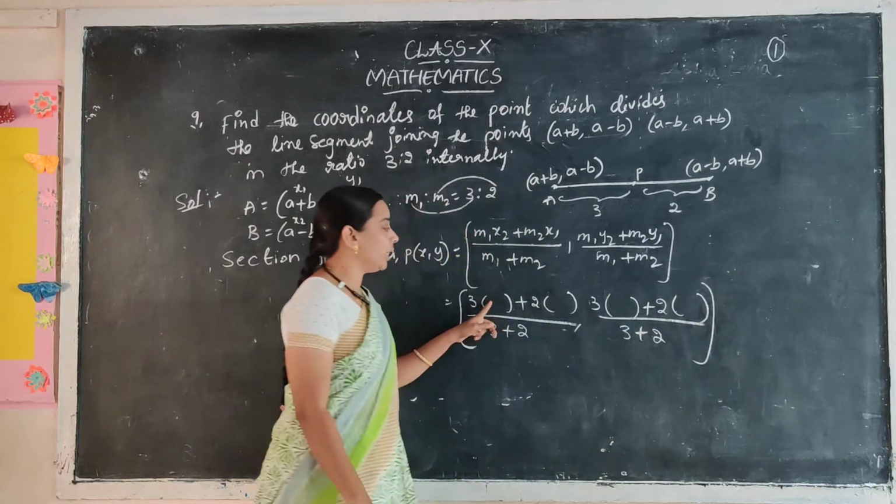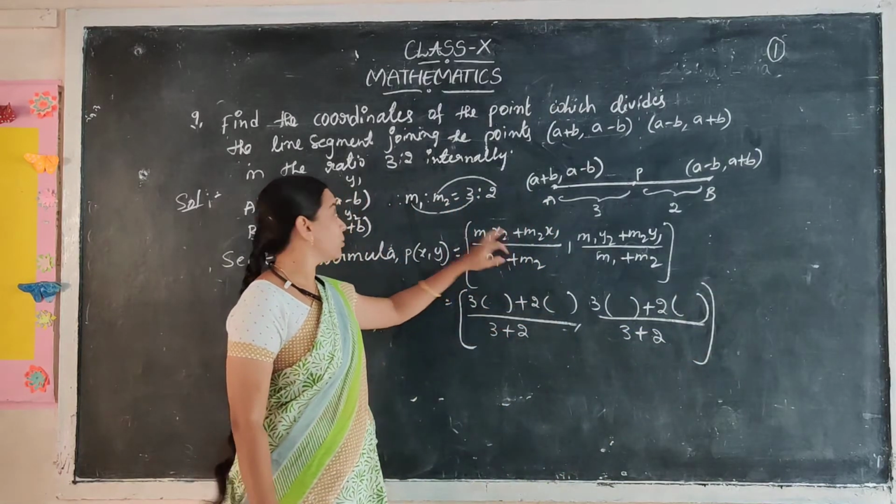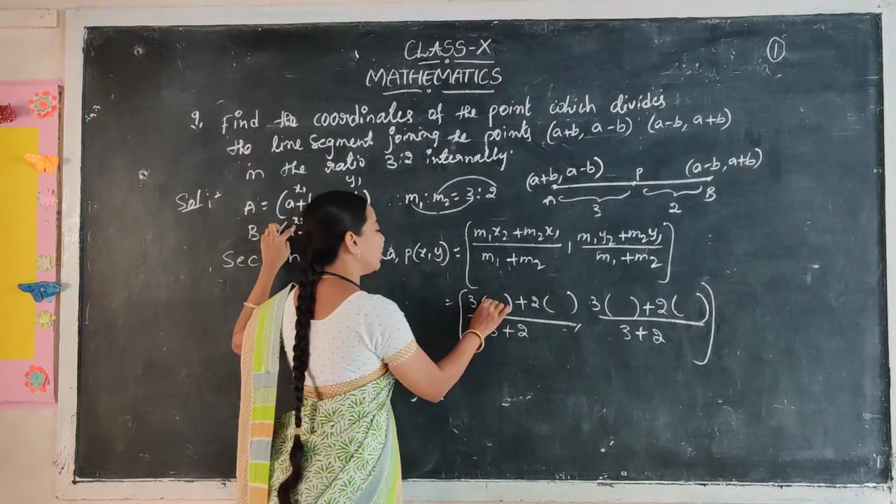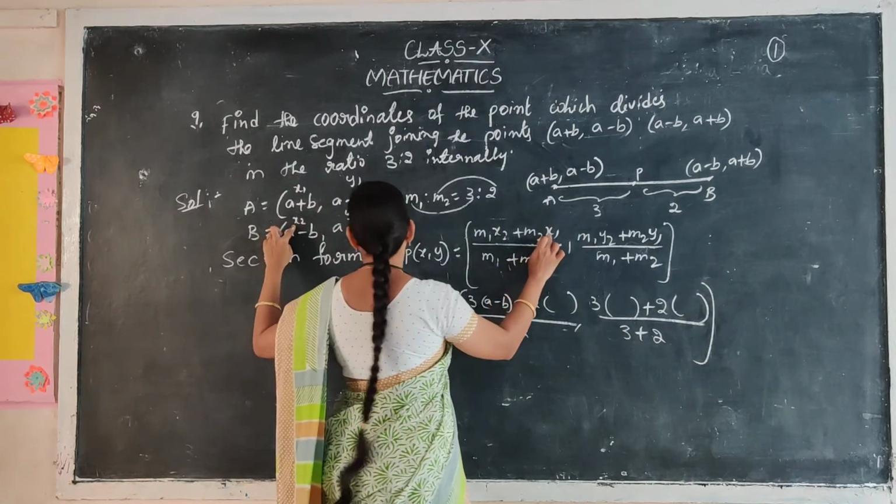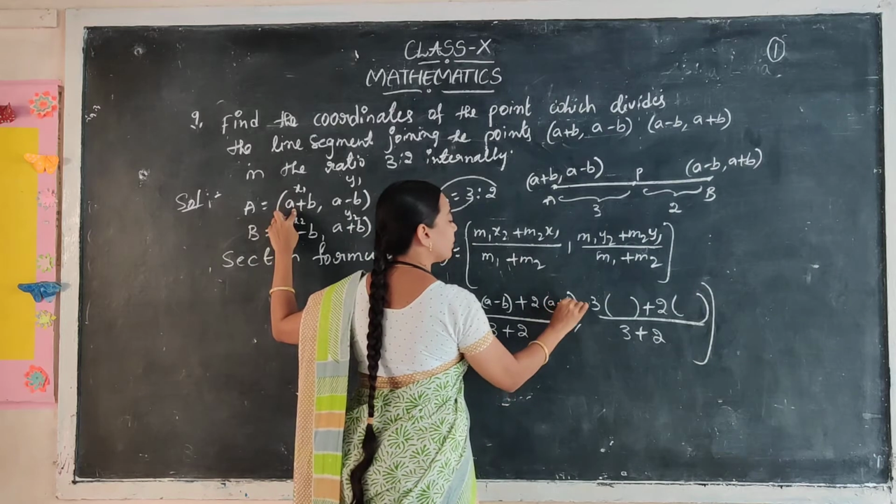Now substitute the x2 value and x1 value. Here the x2 value is a minus b, and the x1 value is a plus b.